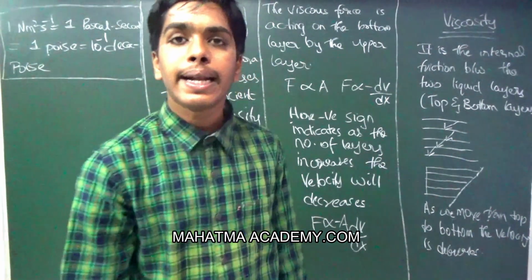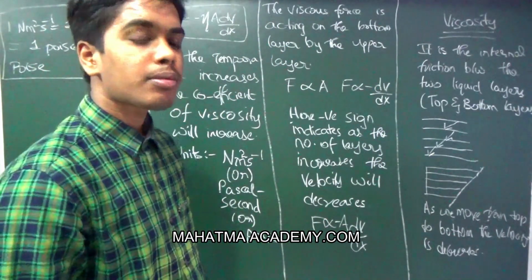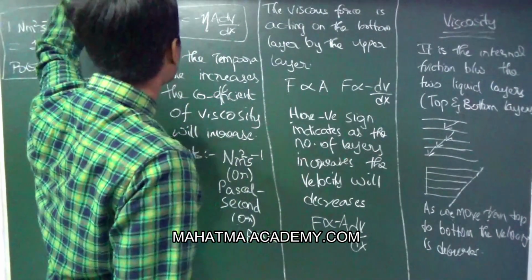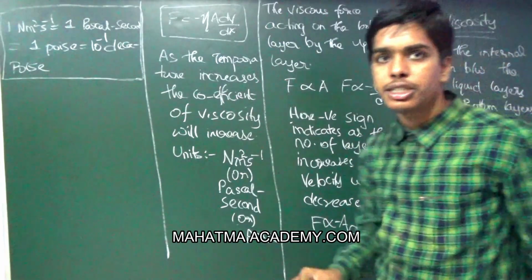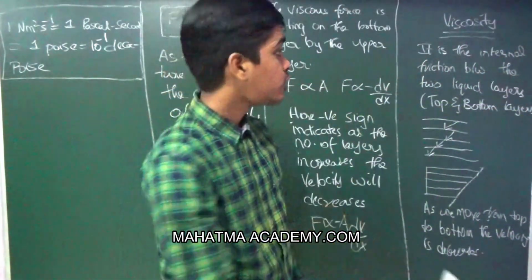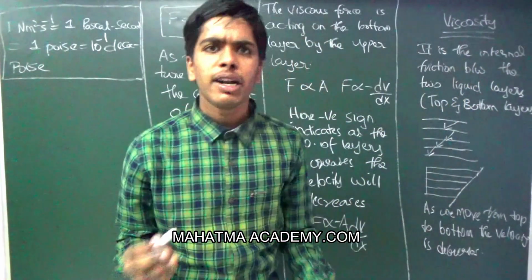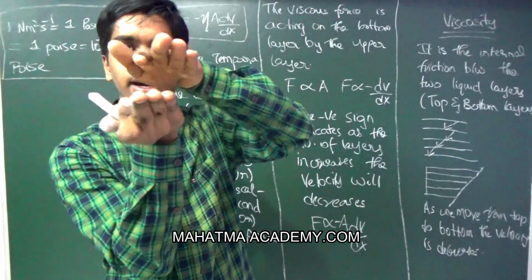Now we have completed the topic viscosity. Now I will explain. Viscosity is the internal friction between the two liquid layers. For example, this is the top layer, this is the bottom layer.